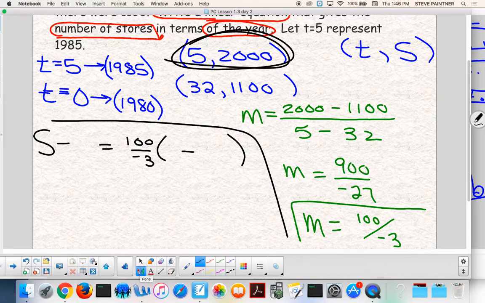And instead of X, we're using T. Okay. Here I go. I'll put my numbers in. 5 for T. 2,000 for S. Okay. Good. How would you solve that equation? What would you do? Now remember, we're trying to put it in slope-intercept form. Solve for S.